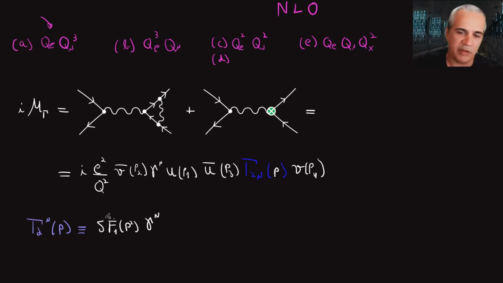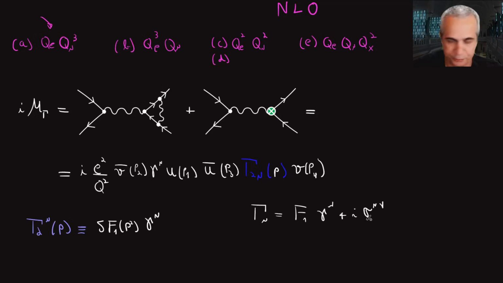So why delta F1? Because we know that the QED vertex can be written in general as something like gamma mu, which is F1 times gamma mu, plus i sigma mu nu over 2m. In this case, the mass of the fermion here is the muon, p nu F2.